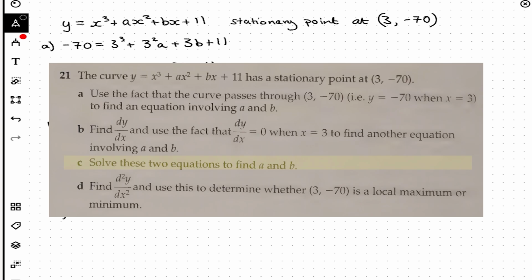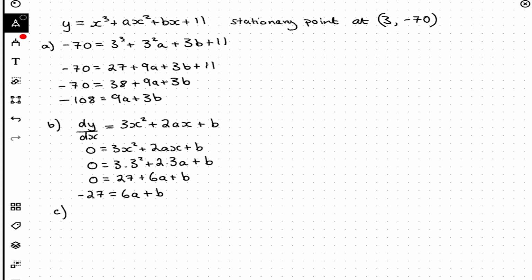Part C asks us to use these two equations then to find a and b. These equations are simultaneous. A couple of ways to do this: we could either use elimination or substitution. In this case, I think I'm going to use elimination.